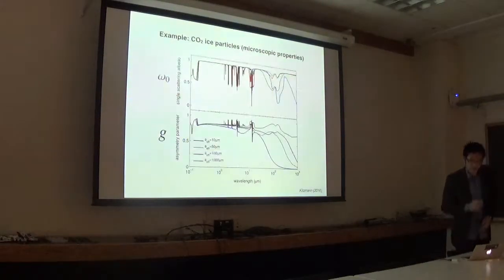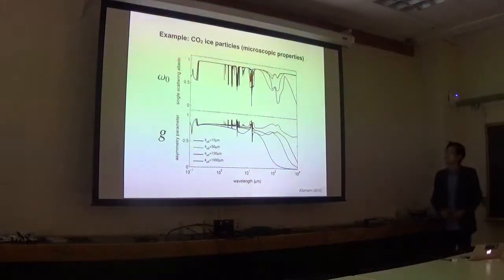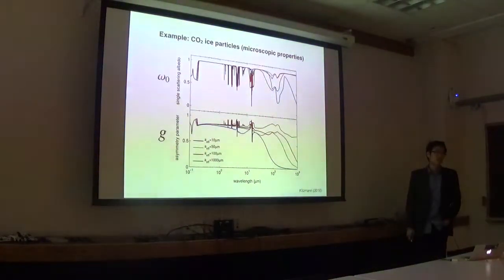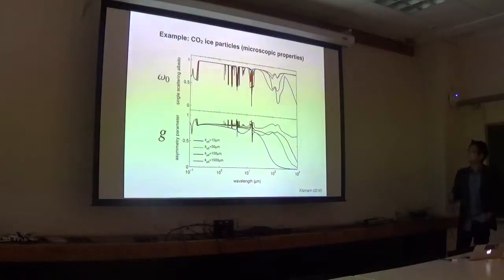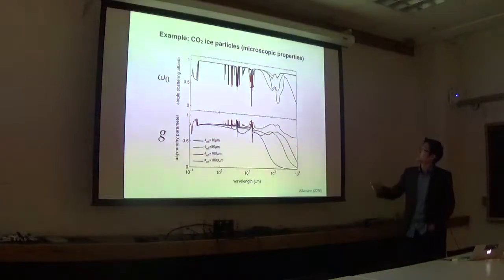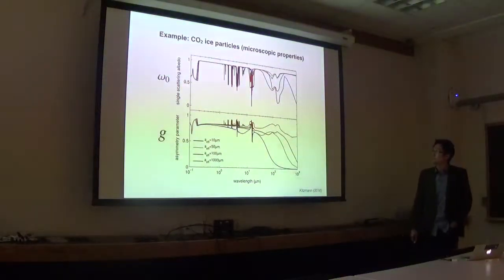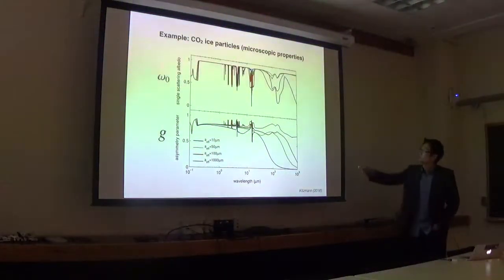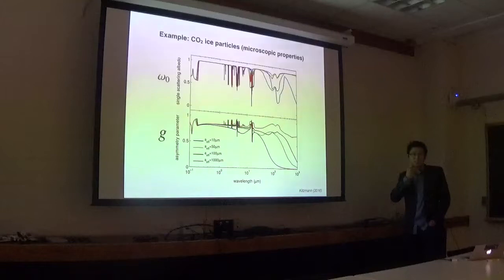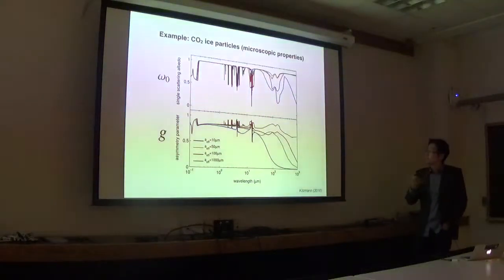Let's apply it to a situation where it seems a bit more real. So let's apply it to CO2 ice particles, and I'll tell you in a moment why this is interesting. The microscopic properties of the CO2 ice particles look like this. The single scattering albedo is 1 a lot of the way, because CO2 ice has this almost pathological behavior that it is a very weak absorber and a very good scatterer.